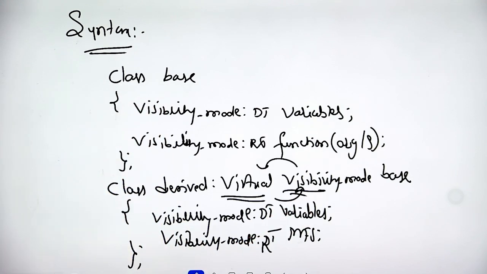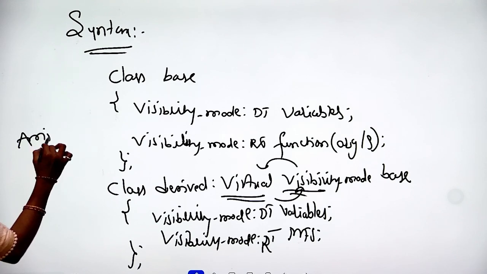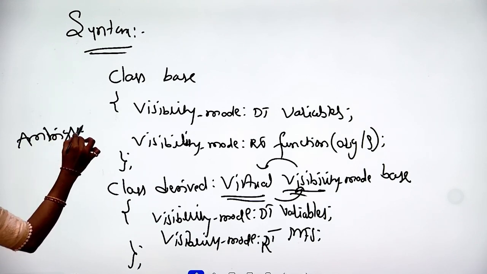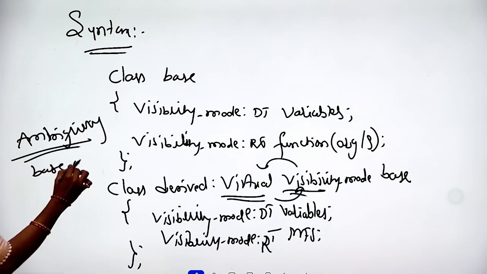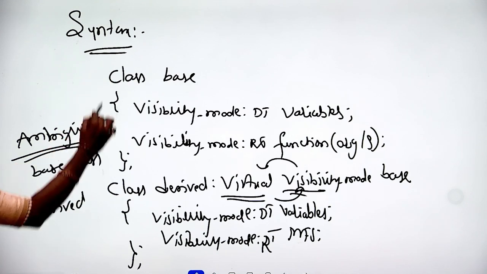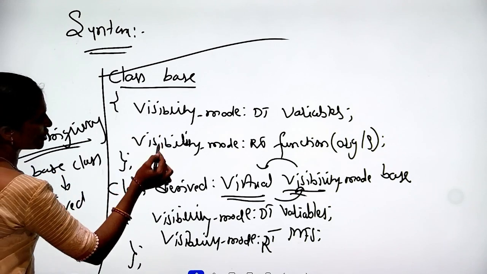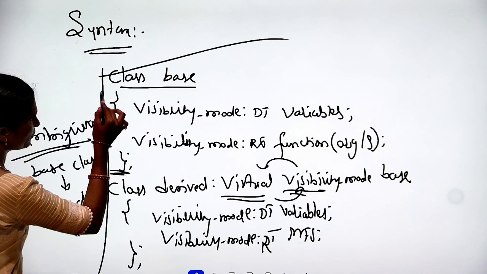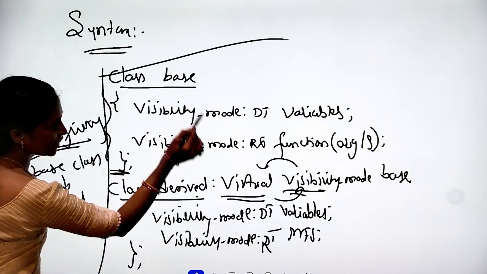This is how you can resolve the ambiguity which is present while taking the value from the base class to the derived class. I hope you are clear with the syntax. Class base has different data members, then you derive and fetch the data from the base class.